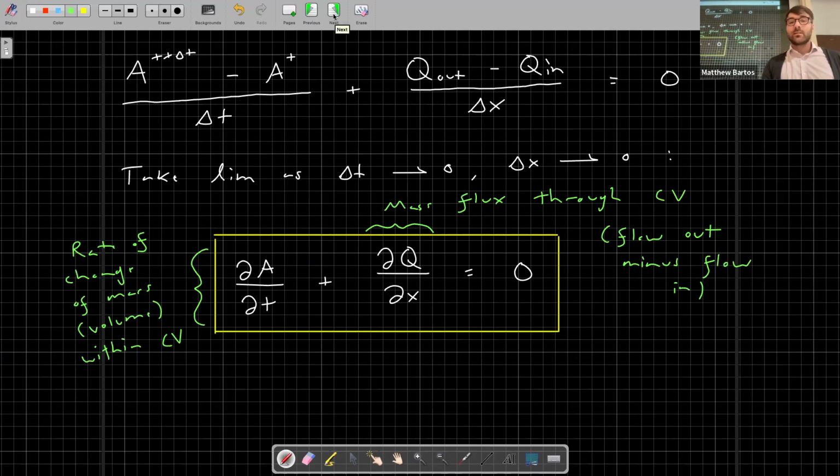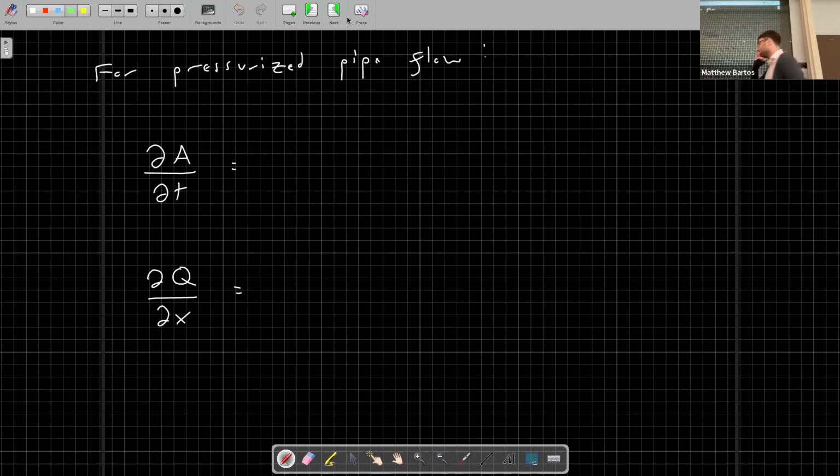All right. So next, we looked at the specific case of pressurized pipe flow, which is going to encompass the first part of the course. And we found that we could simplify the conservation of mass for pressurized pipe flow. So for the change in mass within the control volume, or the change in volume, what did we say that term could be simplified to? 0, right?